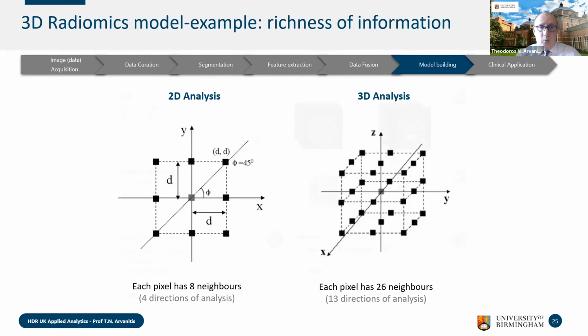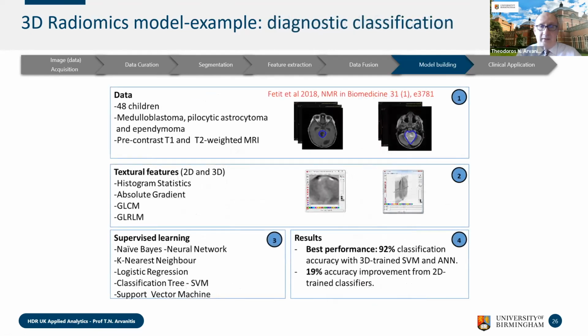And doing that, we have been able in 2018 to have a good classification accuracy on three-dimensional trained SVM and neural networks based on textural features that used histogram statistics, first and second order statistical features, and trying to compare this with different supervised learning approaches.